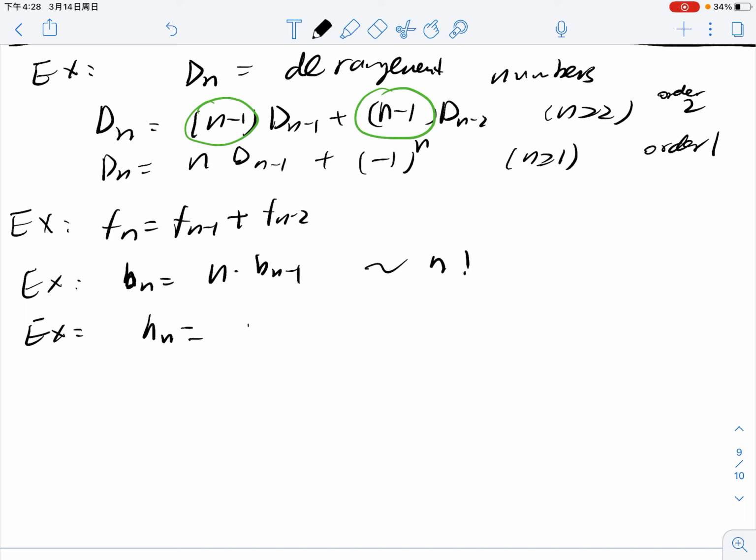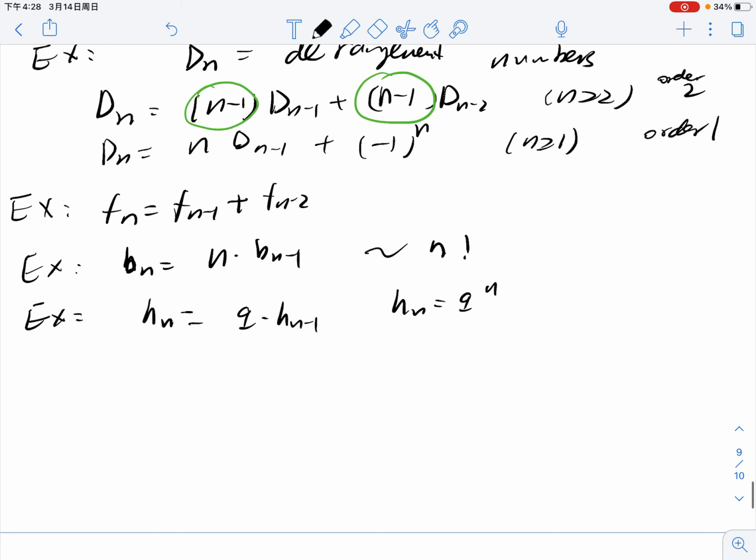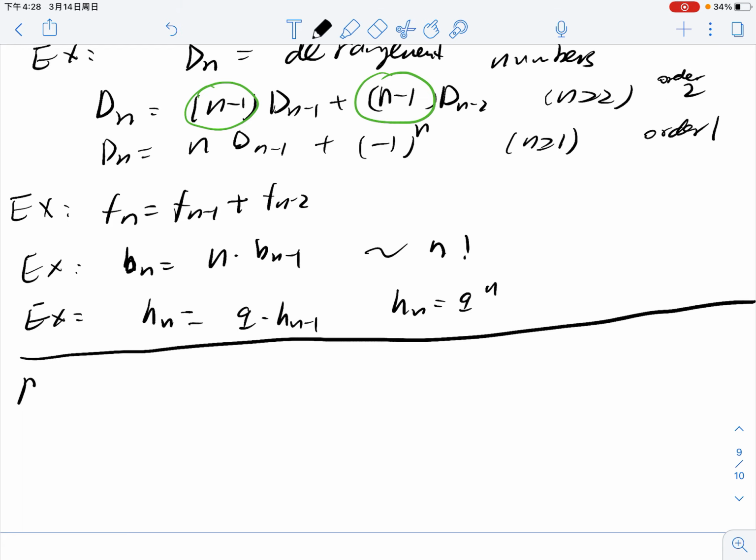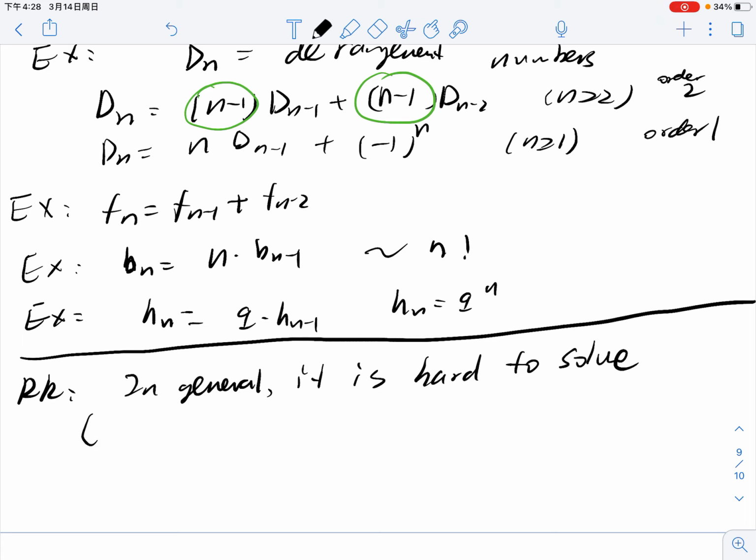Geometric sequence. Okay, and so the remark is, in general, it is hard to solve, just like what we did in ODE.